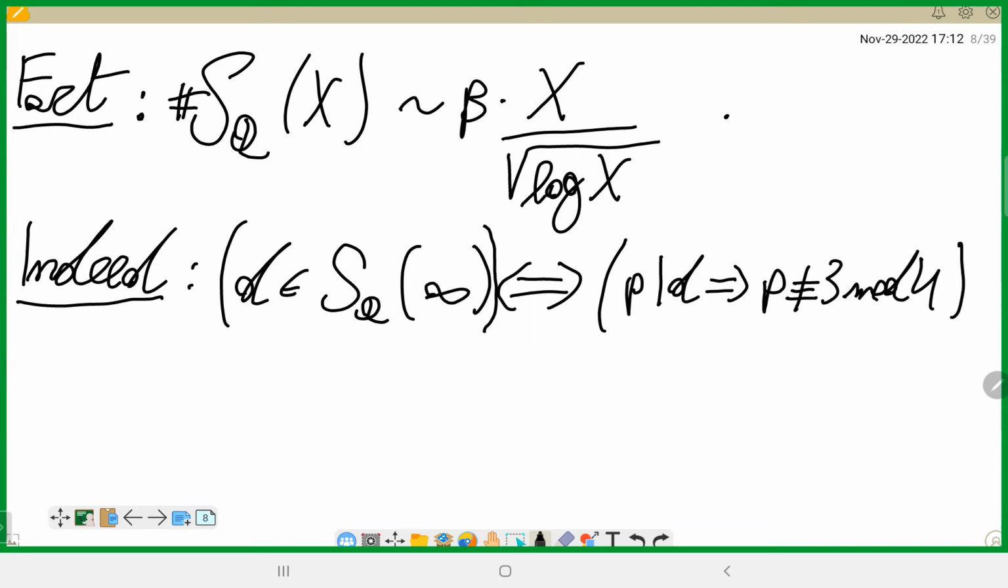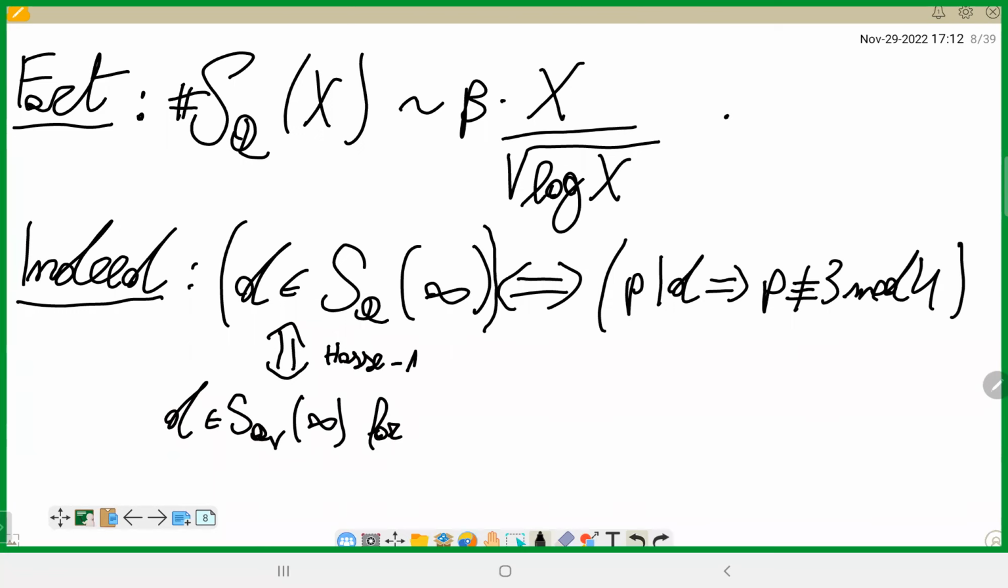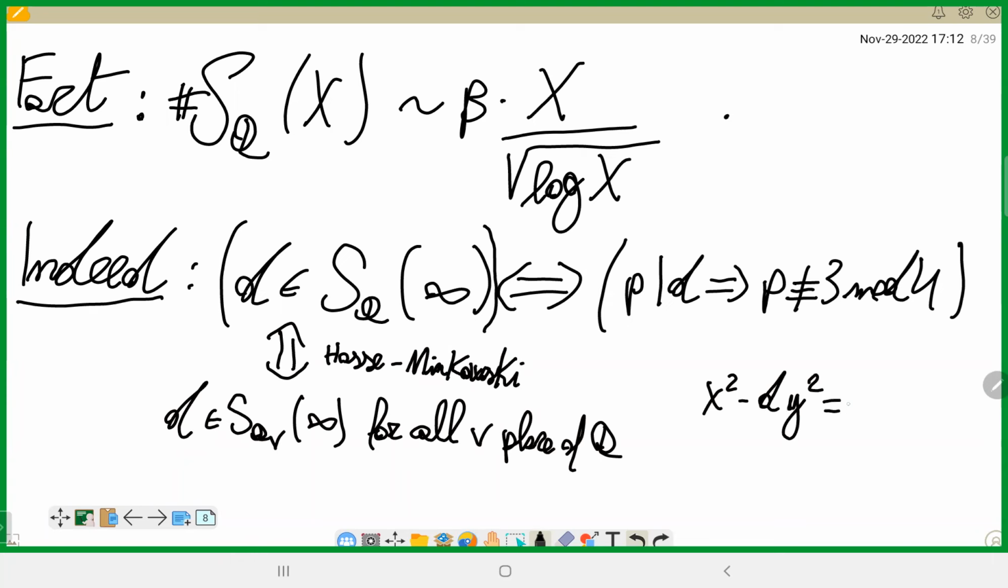And the reason for this is that D is in SQ infinity if and only if D is in SQ V infinity for all prime V. So this is a theorem of Hasse and Minkowski that a quadratic equation in two variables has a solution over the rationals if and only if it has a solution in every completion of the rational numbers, for all V places of Q. But now you see that in the equation x squared minus dy squared is -1, all the places that do not divide D basically come for free.